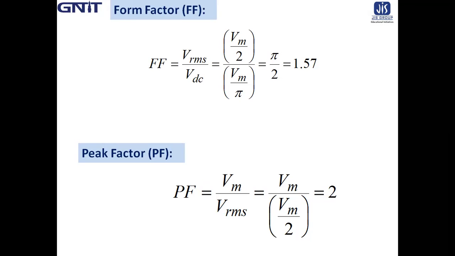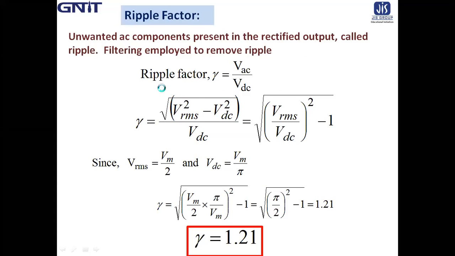Now, this is all about the half wave rectifier, all the parameters, all necessary calculations. Now the question was, in case of ripple factor, ripple. In the last class we discussed ripple. Ripple means some unwanted AC signal present in the rectified output.